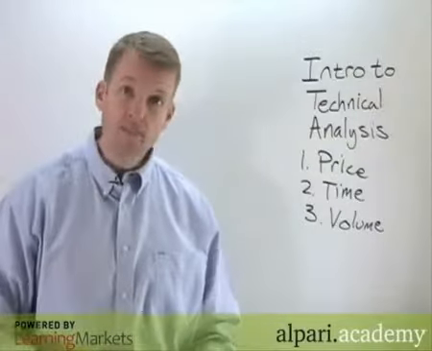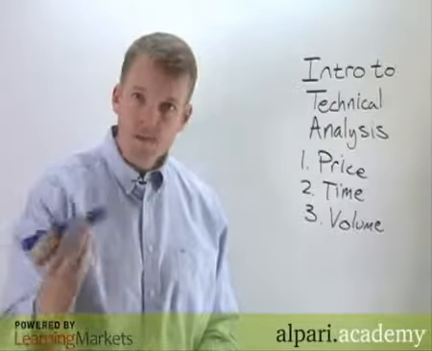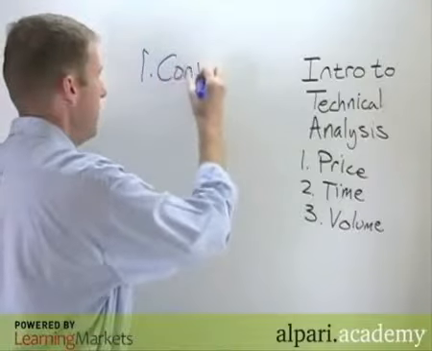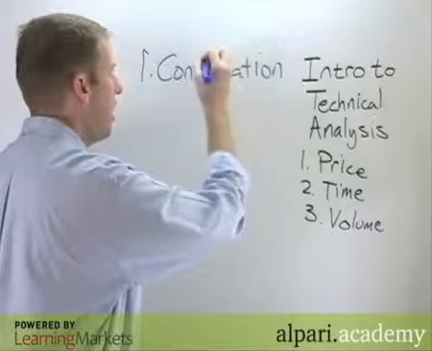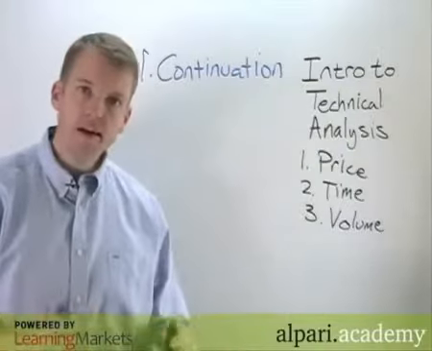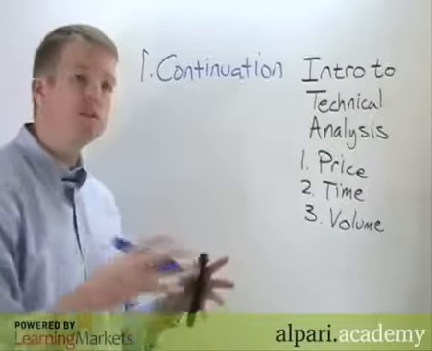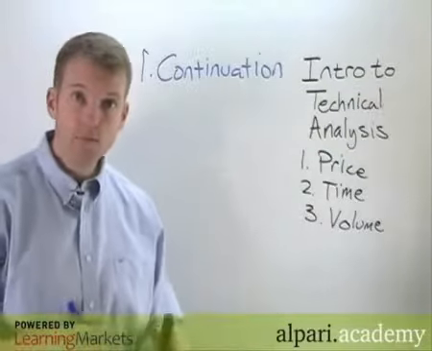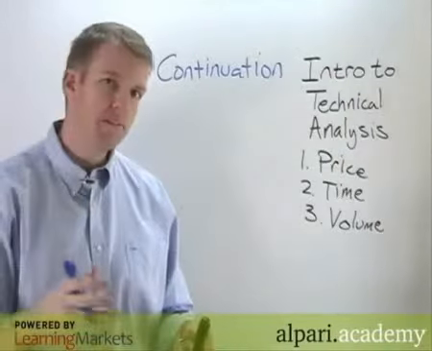Now, we're going to be looking at technical analysis from the perspective of chart patterns. So these are price patterns. They typically fall into basically two categories. The first category are continuation patterns. Now, continuation patterns are very common, and typically they're short-term in nature, meaning that they don't take very long to appear, and they don't typically take very long to present a breakout signal or a trading signal of some kind.